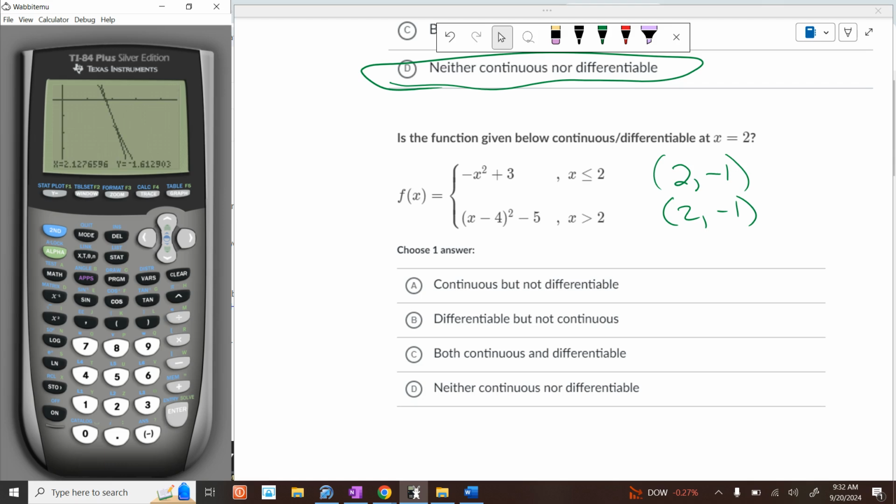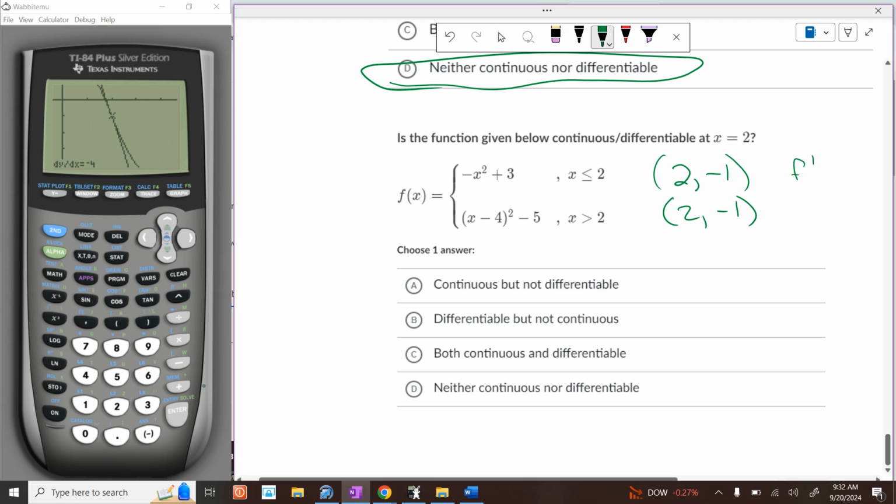At (2, -1), this is one curve coming down like this, and the other curve is going like this. So it looks like a pretty smooth curve there. To check it, it's second trace, 6, and then we go to 2, because we want to be right at 2, and my derivative is -4.